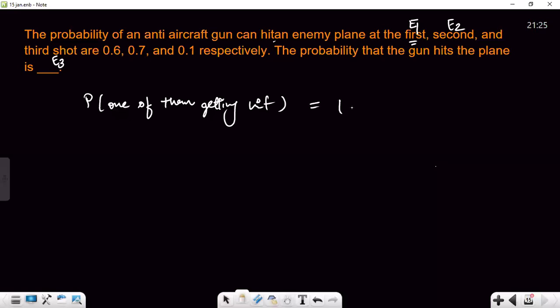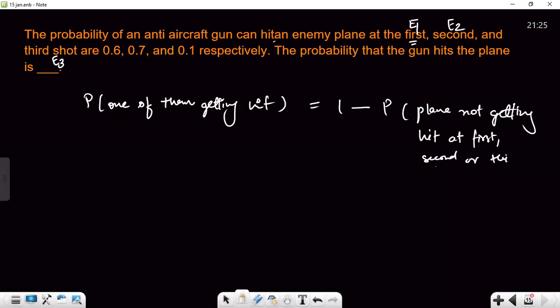So what is the opposite of this event? The event is the plane getting hit in the first or the second or the third shot. The opposite is the plane not getting hit at the first, second, or third shot.